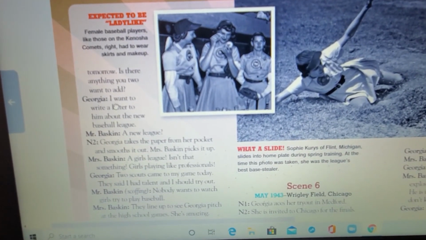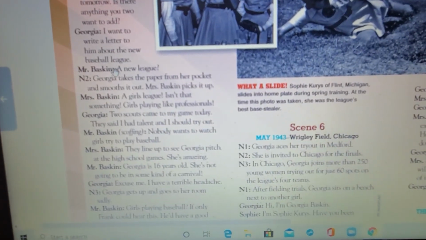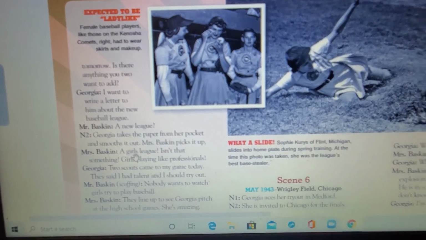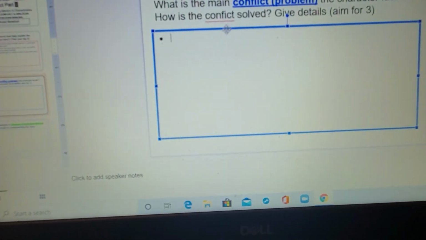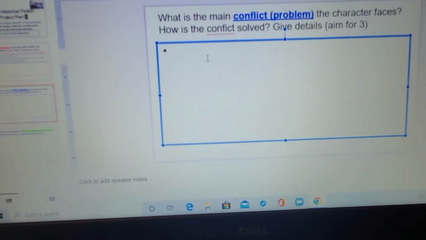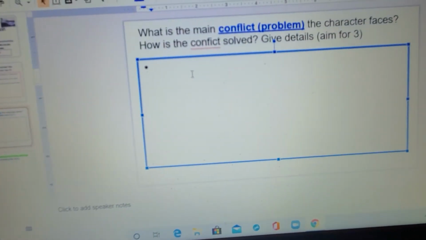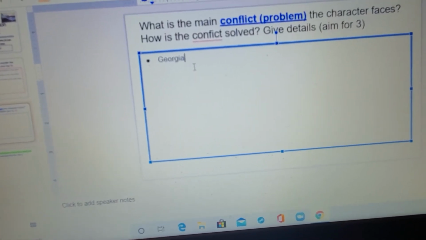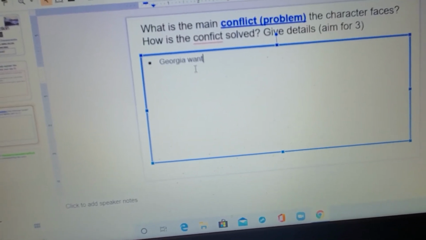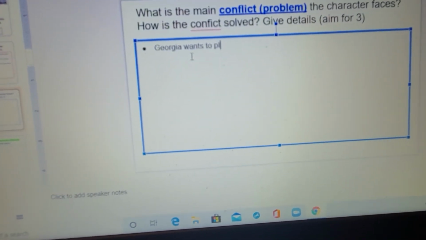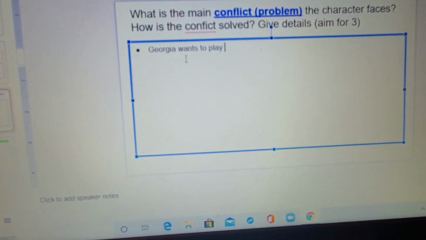And they even tell her it's an opportunity of a lifetime. So I would say she wants to join the league, but her father is resistant to it, doesn't want her to play. So I would say Georgia wants to play. You always want to start with what the character wants.